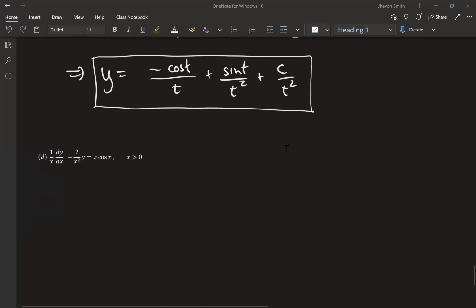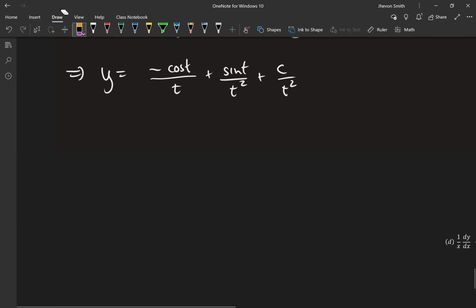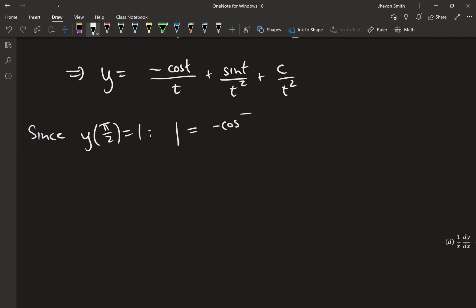So we need to deal with that. Now, since y of pi over 2 equals 1, this means that I plug in y equals 1 when I plug in t equals pi over 2.